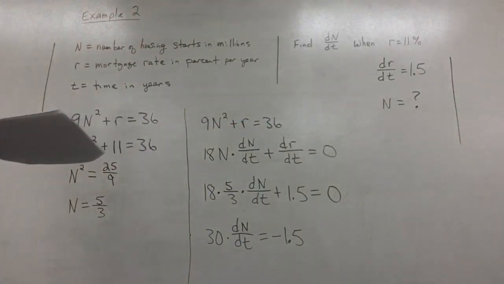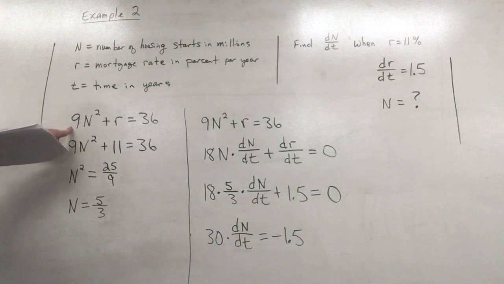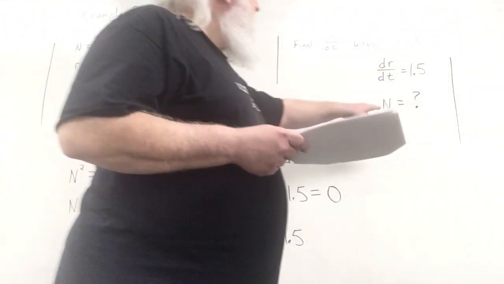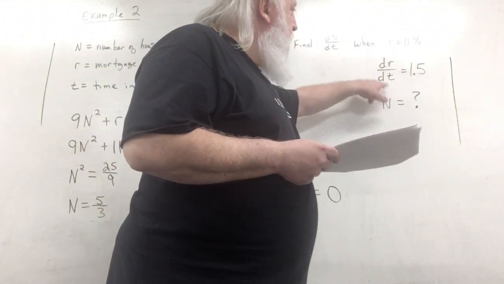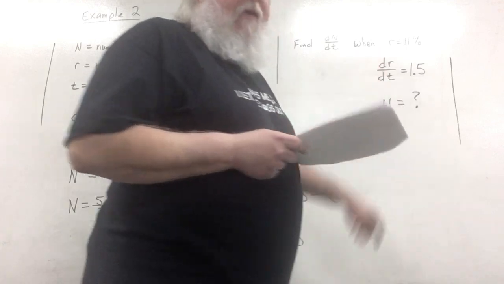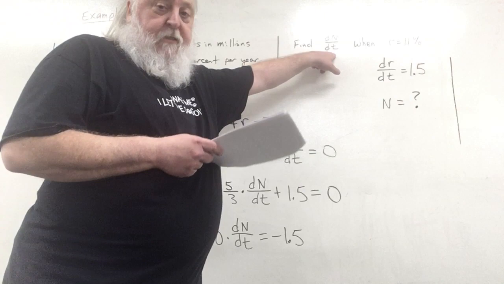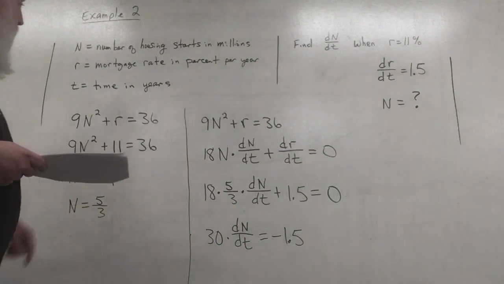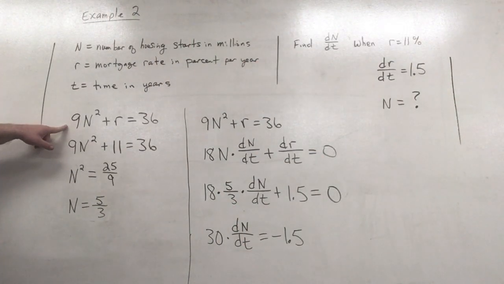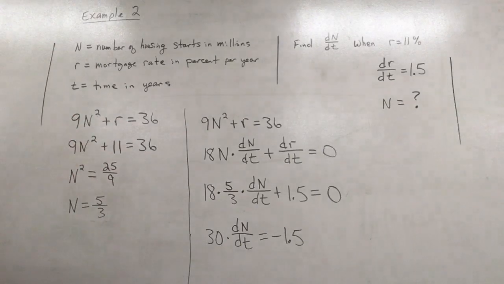The one thing that we're not given is N, the number of housing starts when R is 11. So we have to calculate that before we can figure out what dN/dt is. Here's the demand equation, 9n² + R = 36.